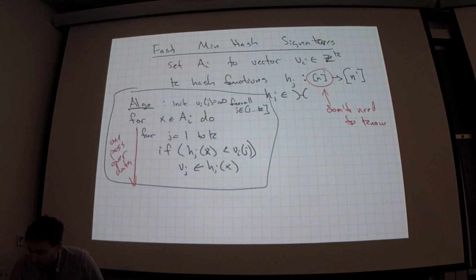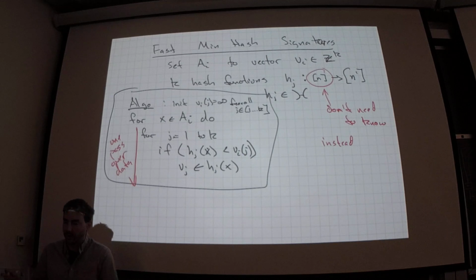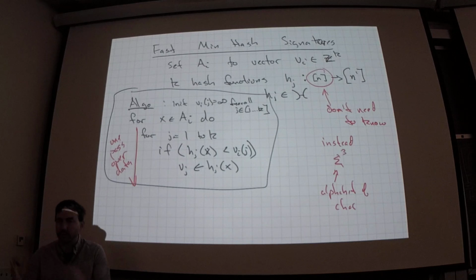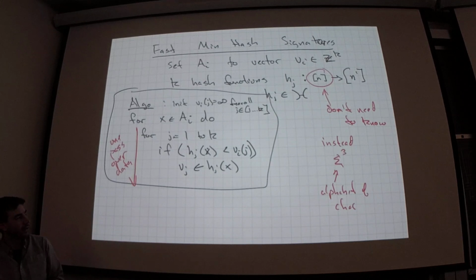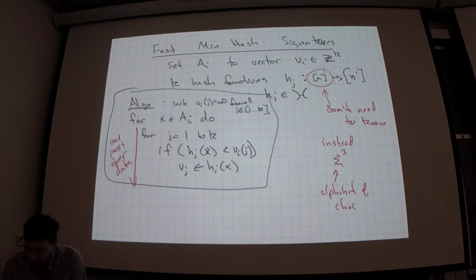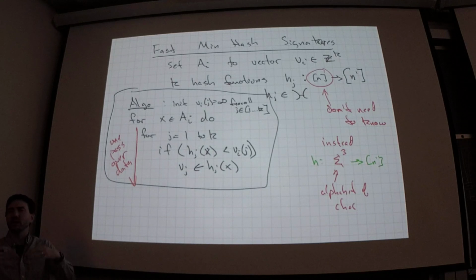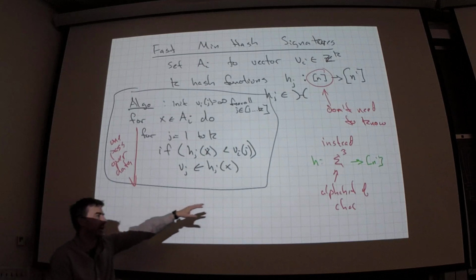Instead, say I do character grams of length 3, and I have an alphabet of characters, and then I have a 3-gram of those characters. I can use this domain instead. My hash function can go from character strings of length 3 to m prime. I don't even need to know what the real set of possible things are. I just need to be able to define it on character grams.